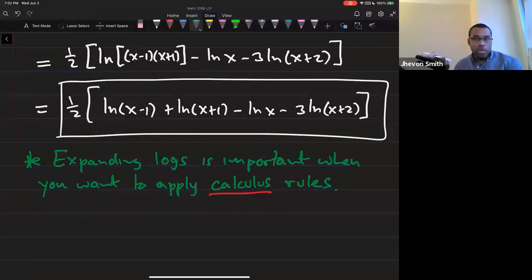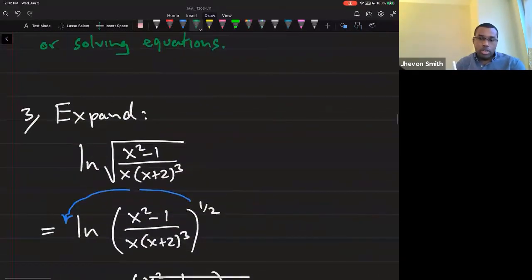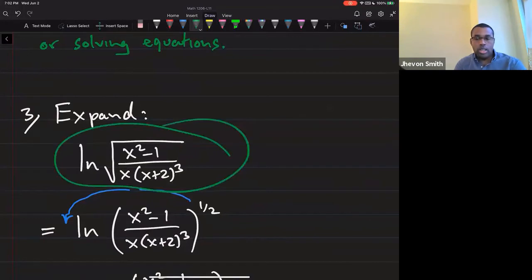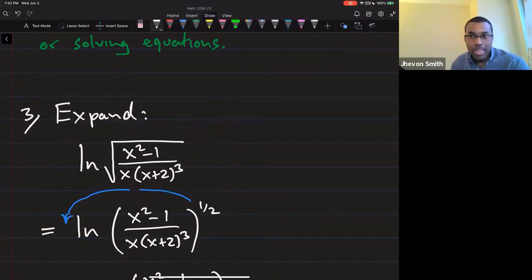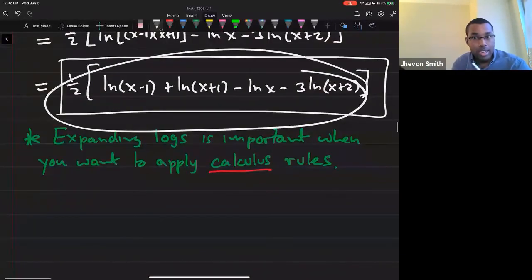So if you want to do algebra stuff, combine your logs. If you want to do calculus stuff, expand your logs. There's a reason when you would do one versus the other. There are times when I can ask you to do some sort of calculus procedure on this, like, oh, differentiate this. And it is significantly easier, not a little bit easier, a huge amount easier, to do it on this one than on the first one, by a lot.